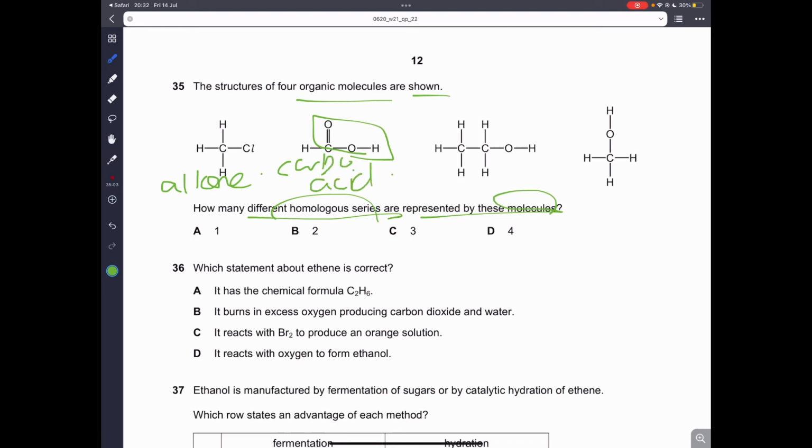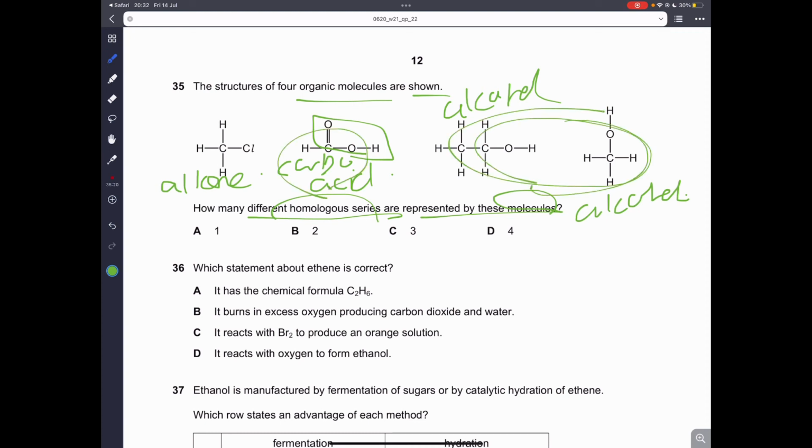We can see an alcohol. We can see another alcohol. So basically there is one series, 2 series, 3 series, and therefore we have 3. Therefore C is the correct answer.